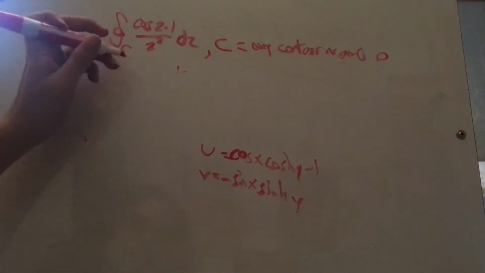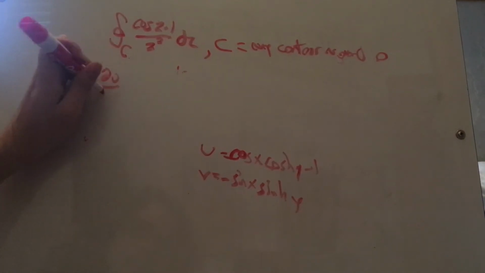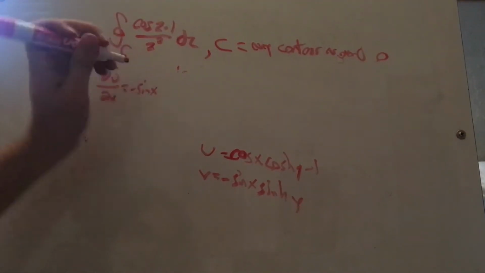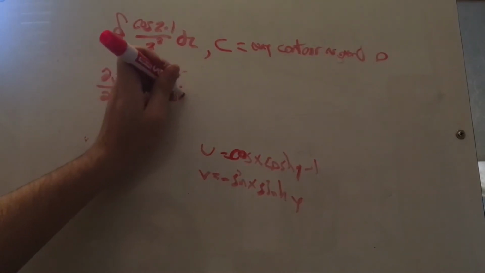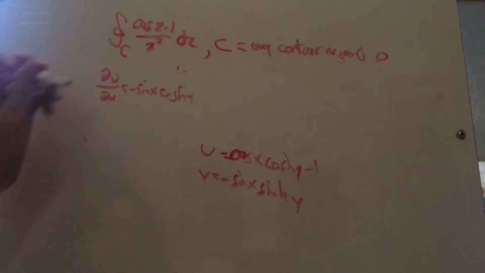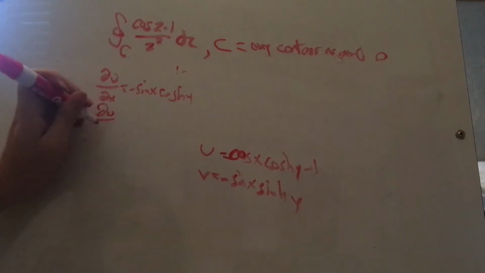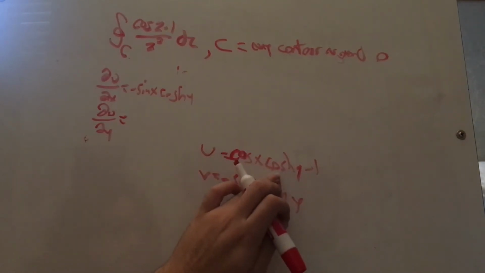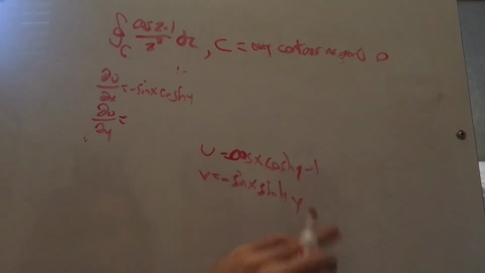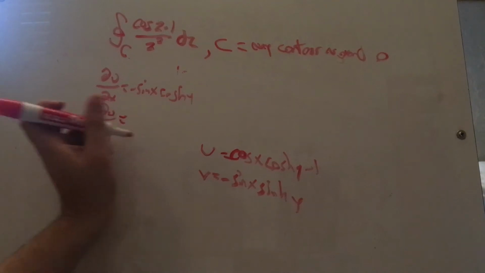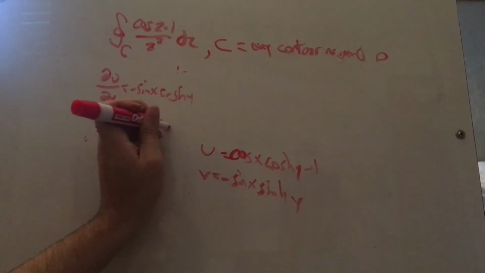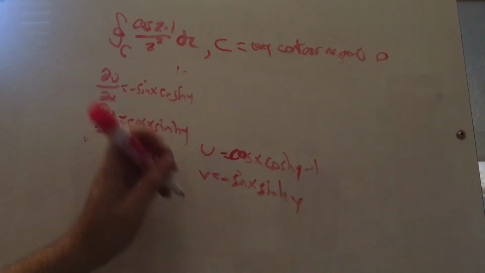We have that del u del x is equal to negative sine x hyperbolic cosine of y, and del u del y is equal to cos x hyperbolic sine of y. You don't switch negatives with the hyperbolics. Negative 1 goes away again.